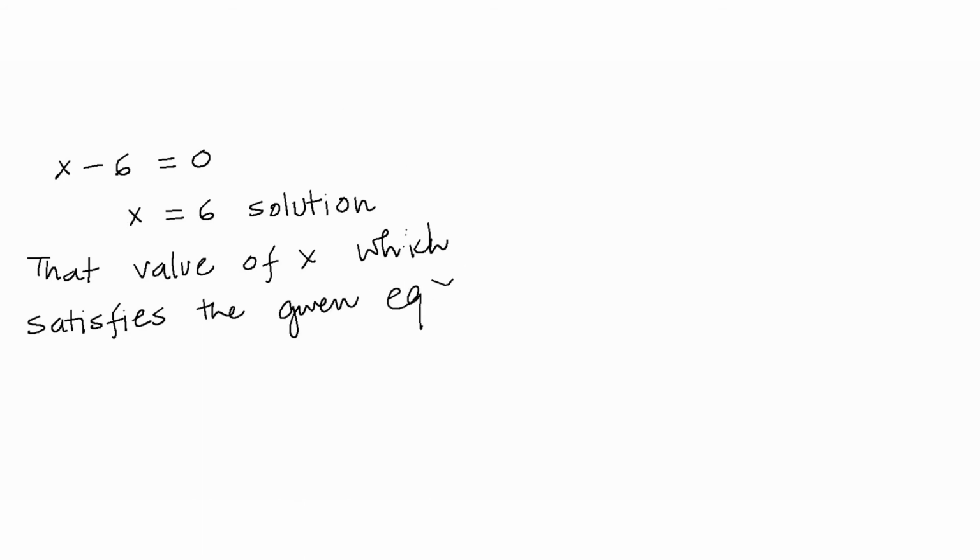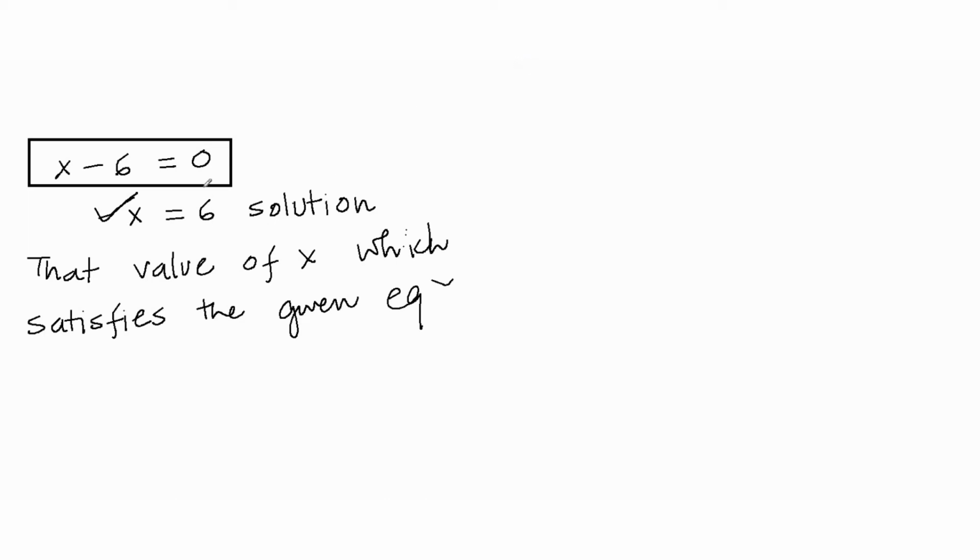So for example, here the equation was x minus 6 equal to 0. There is only one value of x for which this equation would be true, right? So if you take x as 7, then 7 minus 6 is not 0. If you take x as 10, 10 minus 6 is not 0. If you take x as minus 5, minus 5 minus 6 is not equal to 0, right? So this is the only value of x which makes this equation true.